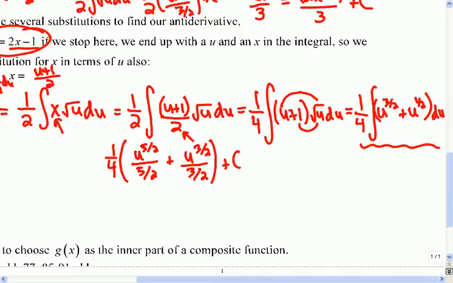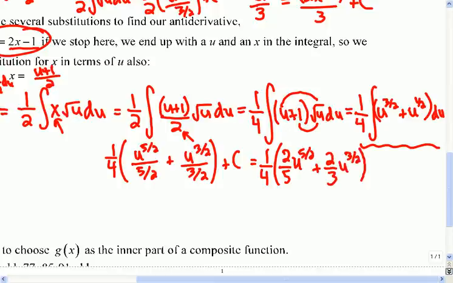So what I could do to finally tidy this up, this would be 1/4 times 2/5 u to the 5/2 plus 2/3 u to the 3/2. And I want to put it back in terms of x, so I'll replace the u's. Maybe I'll put that 1/4 in there too while I'm at it.